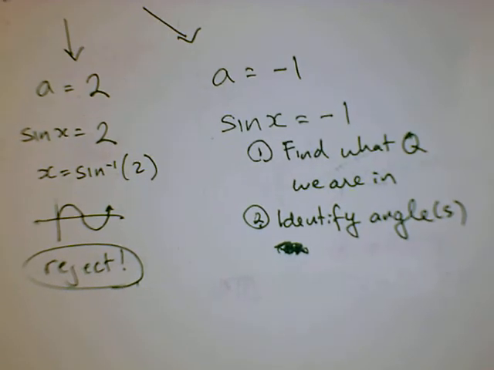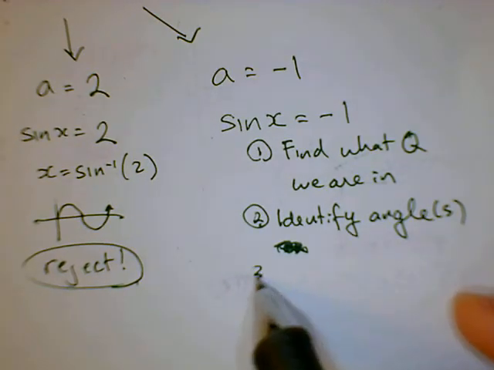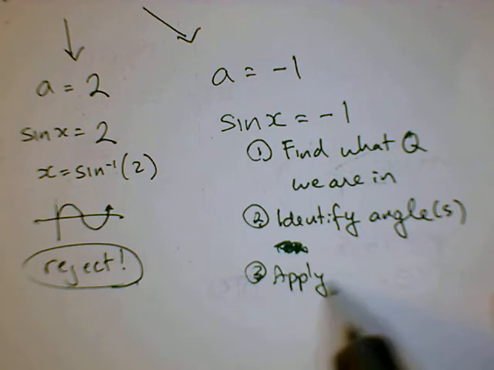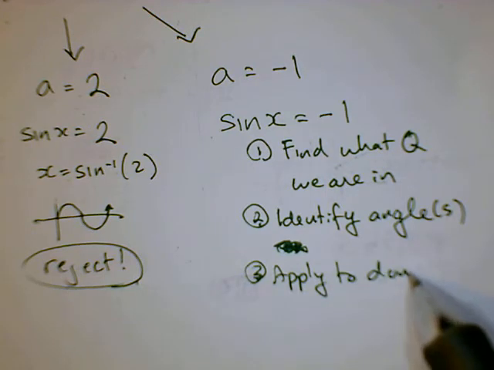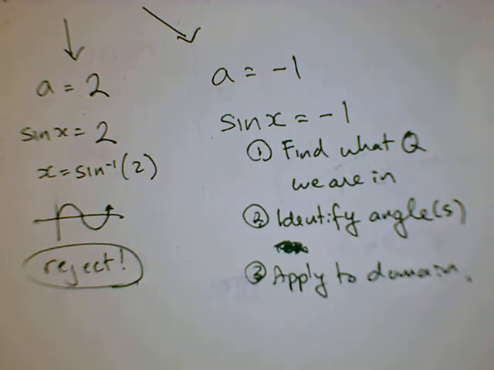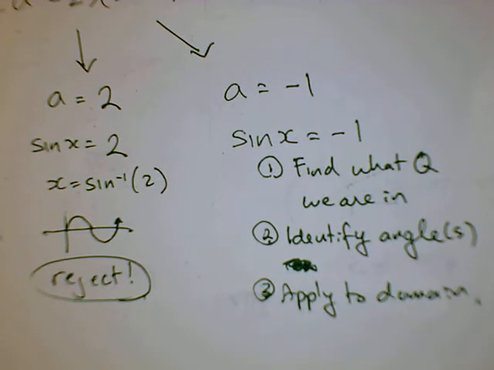I'm not going to give you steps for that. Just identify angles and then apply to domain. That's essentially it. See what you can do. I'll give you a couple of minutes. Sine x equaling negative 1. Just think a little bit about what angle that might be. See if you can find it.